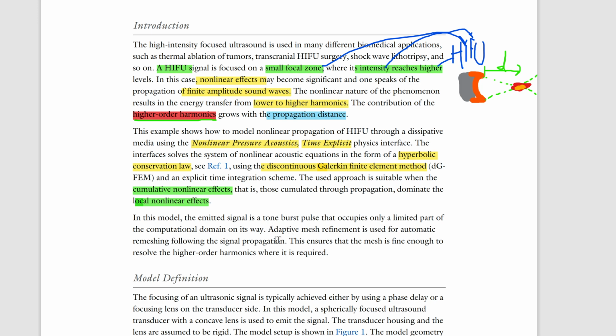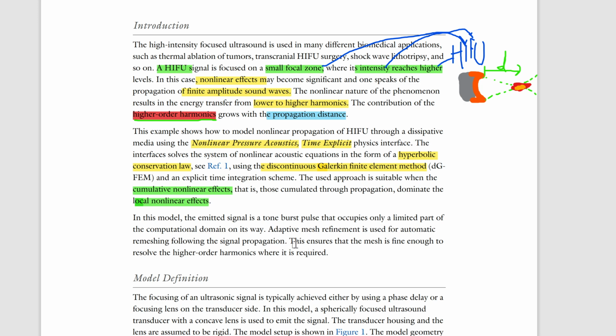Whatever mesh we have is going to be getting higher resolution. Refinement is used for automatic remeshing. Yeah, so we have remeshing. Okay. Following the signal propagation. So maybe the mesh gets messed up as the signal propagates and they have to remesh at a time. So okay, that's cool. It's a little feature of Comsol.